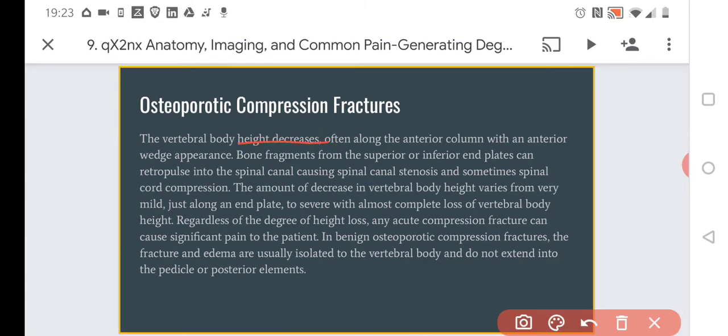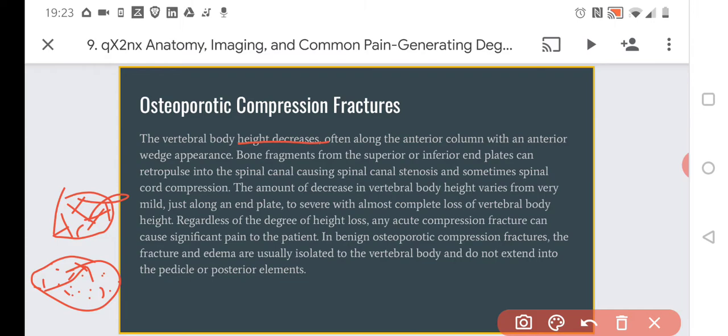We have strong ligaments around. So when the vertebral body gets fractured, it behaves like a sack of rocks. The ligaments usually hold, but the vertebra inside does not have any structure.